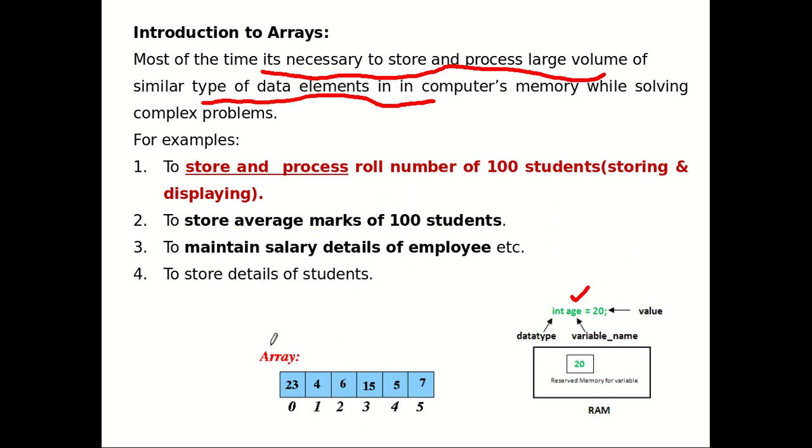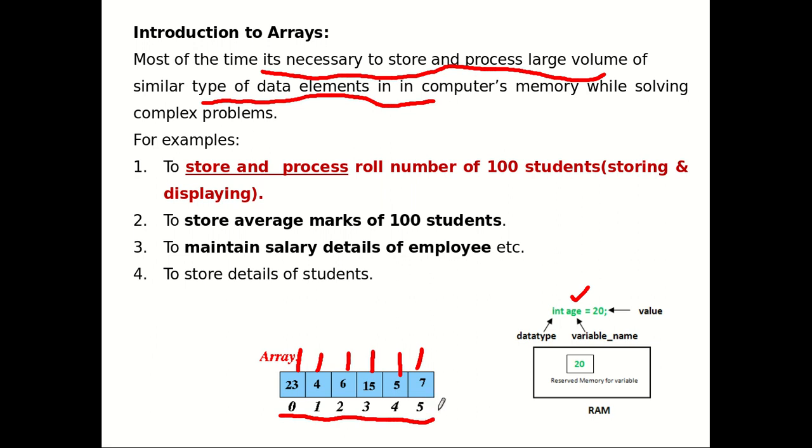Coming to array, the memory locations are allocated in a consecutive manner. Here you can see all these blocks represent individual memory locations, which are consecutive, and all these contents are the elements of the consecutive memory locations, and these memory locations are represented by index value.